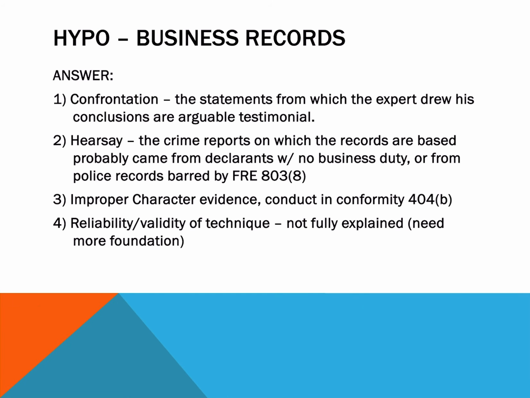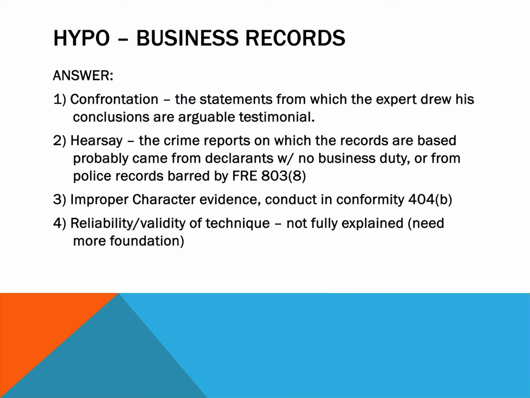A couple different options. This could be a Confrontation Clause issue. The statements from which the expert drew his conclusions were in this program that they're using to track the criminal data. These are arguably testimonial. This is a police officer tracking crimes, and that information is likely going to be used in litigation.